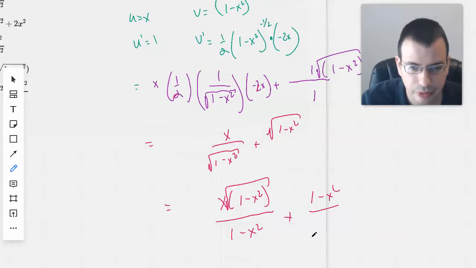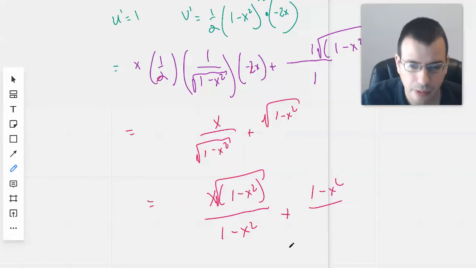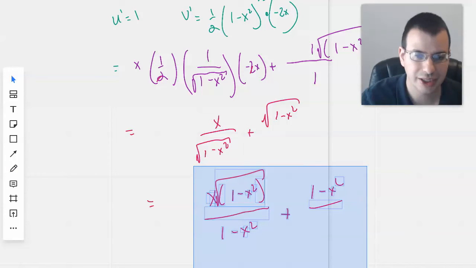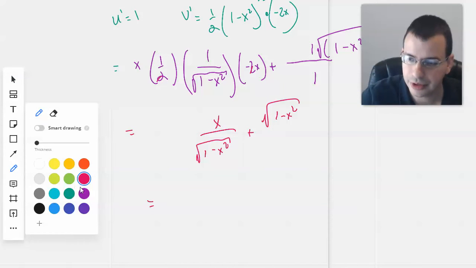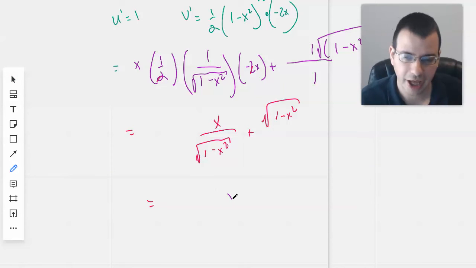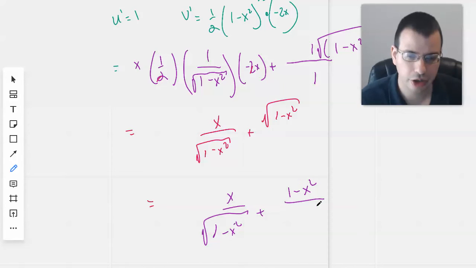Nope. Wait a sec. I'm just going to multiply the right side by the square root of 1 minus x squared. Okay. So I have x over the square root of 1 minus x squared plus 1 minus x squared all over the square root of 1 minus x squared.